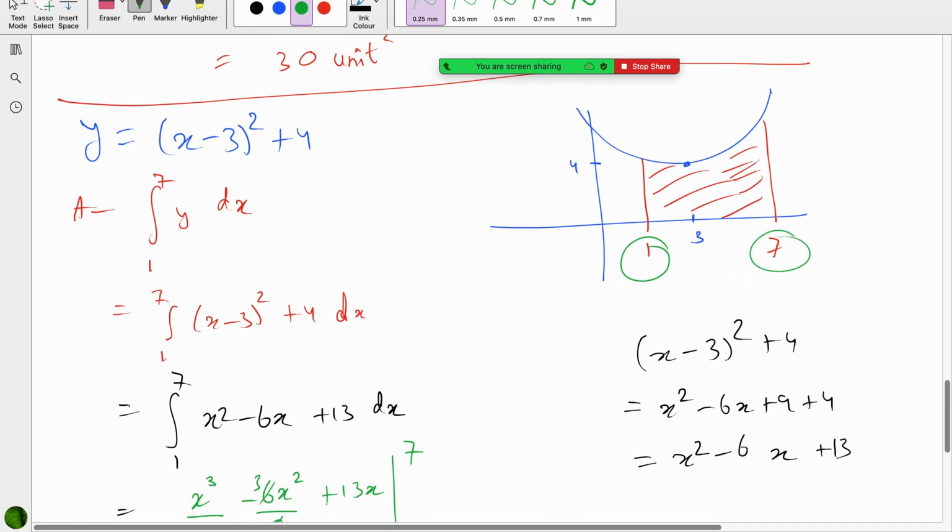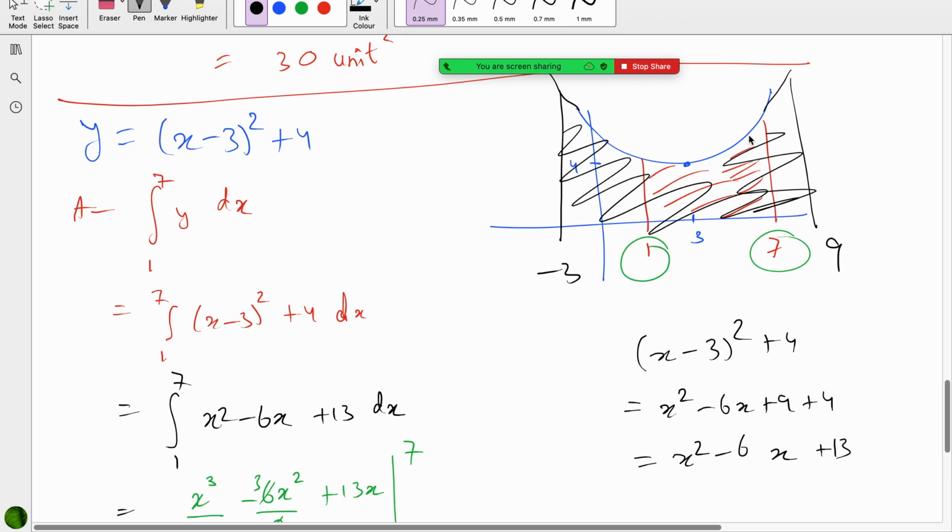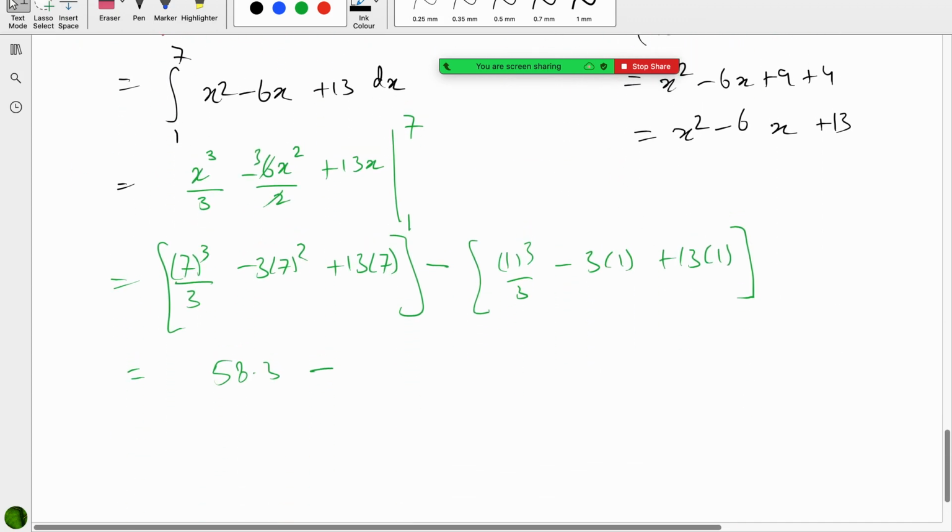If the examiner tells you to find the area when x is minus 3 to x is 9, it could be anything, then you will be finding this larger portion. Upper limit minus lower limit always stays the same. Larger limit is first, then the lower limit.